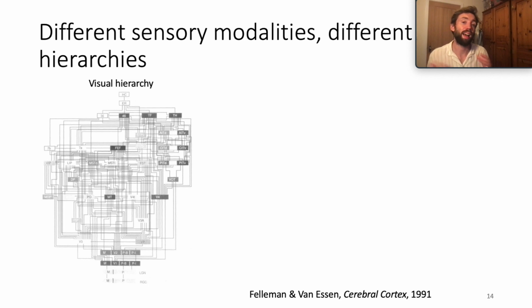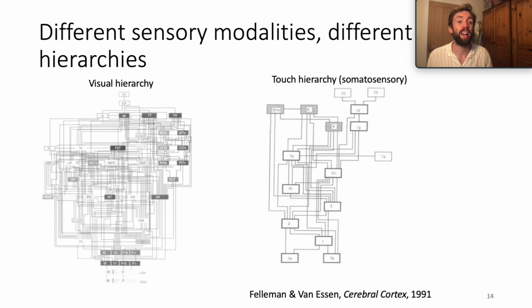So here in this absolute classic work by Felleman and Van Essen from 1991, we see a map of the visual hierarchy on the left and the somatosensory hierarchy on the right. And the somatosensory system is the system that processes touch. There are hierarchies for auditory information and perhaps a little bit less well studied, but also the other senses too.